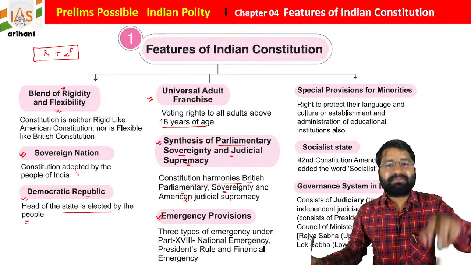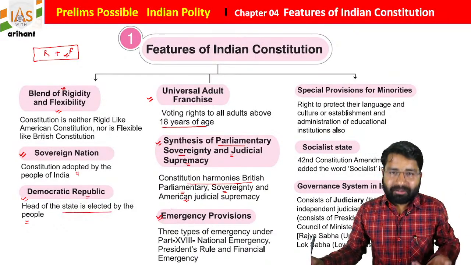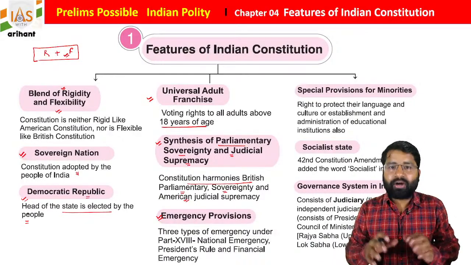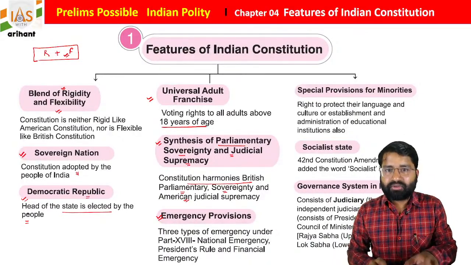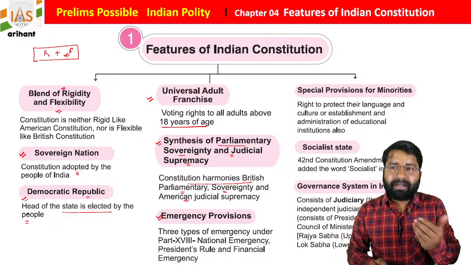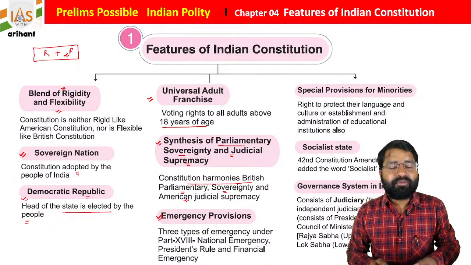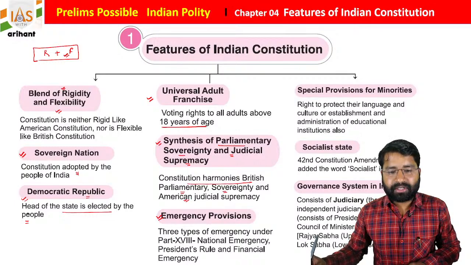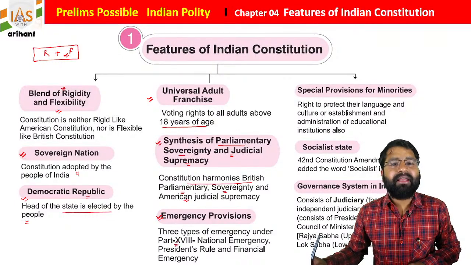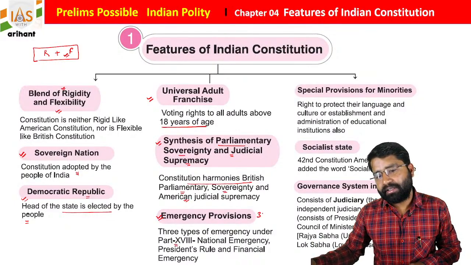Our constitution contains emergency provisions. Let's suppose sometimes a problem arises, and to stop that chaos and control it in a better way, there is a provision for emergency. This is mentioned under Part 18 of the Indian Constitution, under Articles 352, 356 and 360, students.